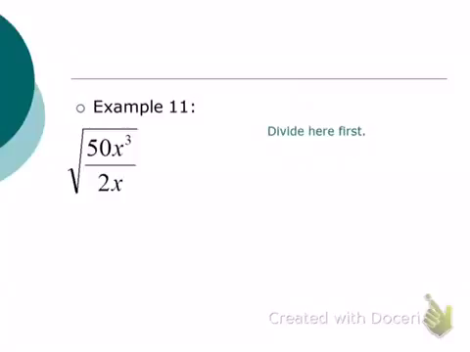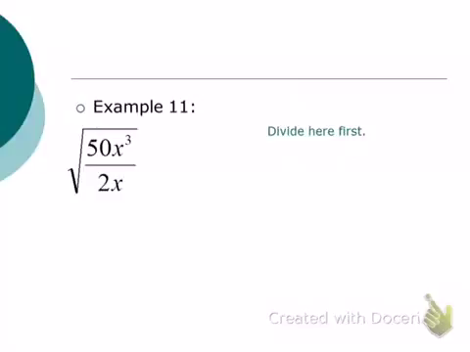Square root of 50x cubed over 2x. Now, this is something else that we could do, just like the sum that we just looked at. It's always good when you can to simplify what's inside the radical before you start taking square roots. Can this radical be simplified? It can, right? 50 divided by 2 is 25.